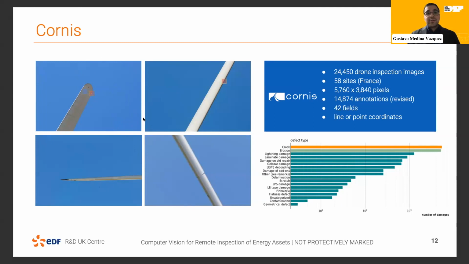However, it may still be difficult because in some cases you will see a cloudy sky where the background is just white or gray, which may also make it difficult to distinguish the blade from the background. As you can see, these are once again very high definition images. And as noted before, the most common types of defects appearing here are cracks and erosion.